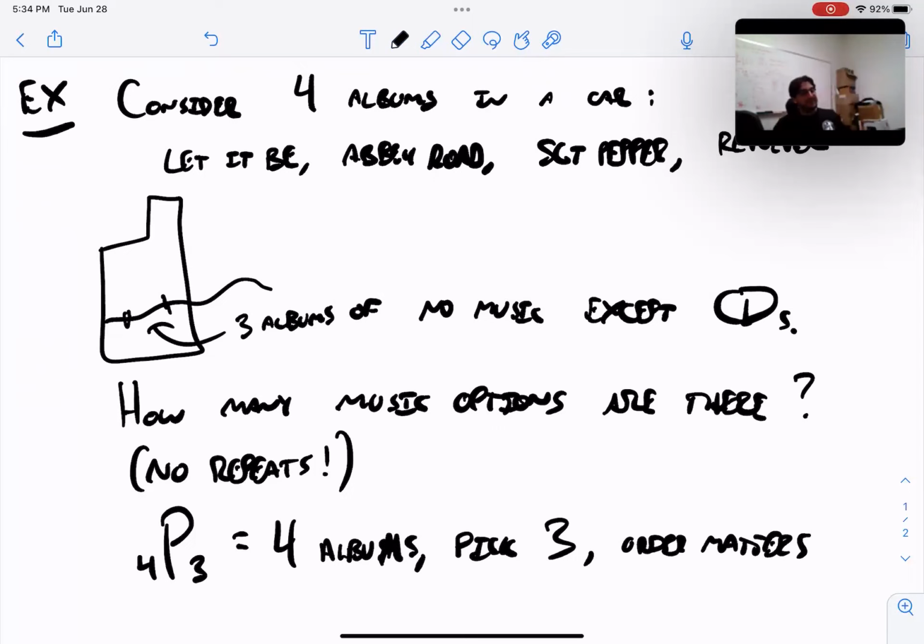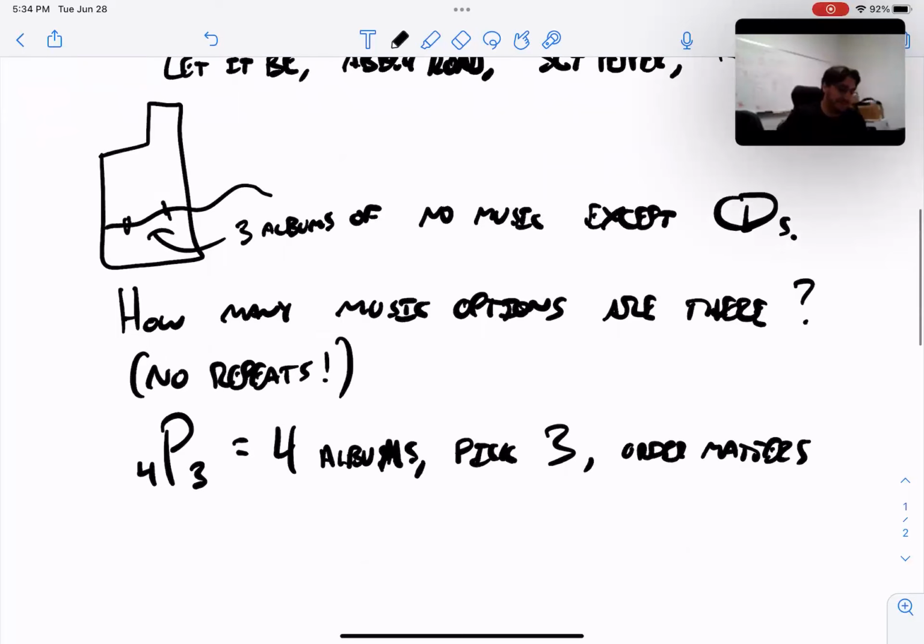If we go Let It Be, then Abbey Road, then Sgt. Pepper, versus if we first listen to Abbey Road, then Sgt. Pepper, then Let It Be. It's the same 3 albums, but we DJ'd just differently for ourselves. So this is our scenario. Also, we said no repeats. So this is what makes it a permutation of 3 chosen from 4.